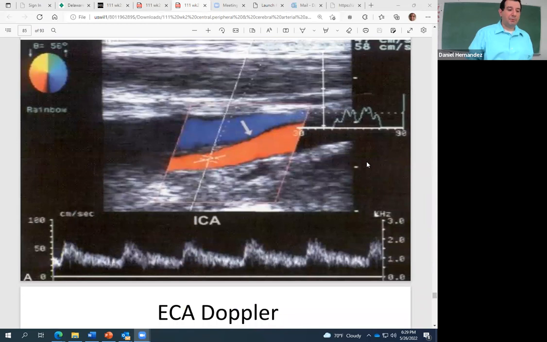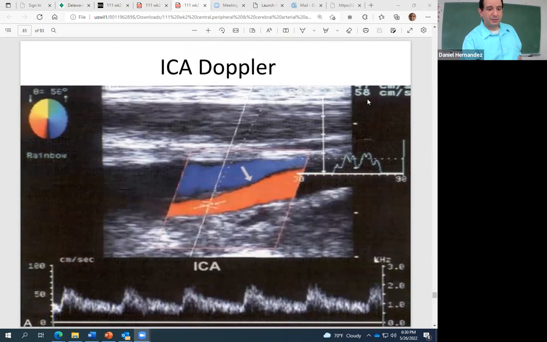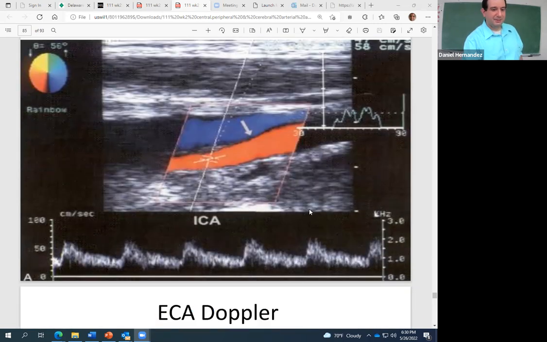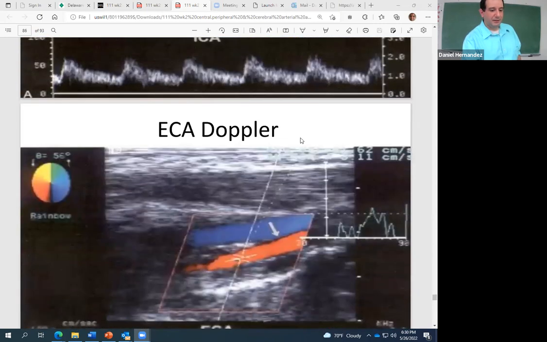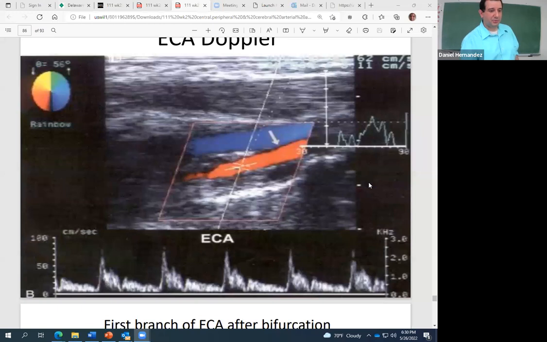So this is our Doppler waveform, a nice healthy internal carotid artery Doppler waveform. You can see a nice, significant diastolic flow component. I wish they gave me the RIs on here to have you start recognizing some of those. And then this is the external carotid artery Doppler waveform.